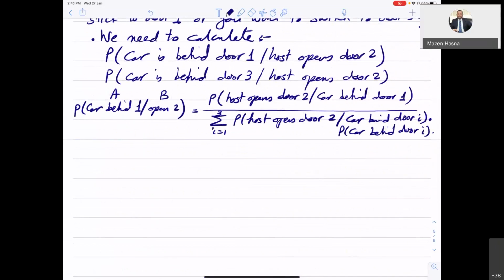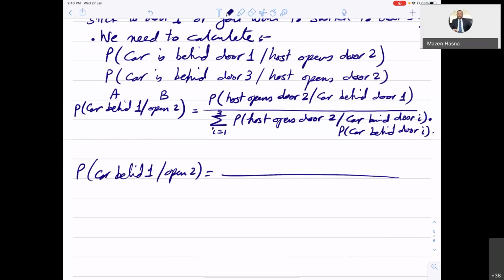Okay. So let's fill in these probabilities. So again, we are calculating the probability of car 1, given that he opens 2. Oh, I missed one thing.